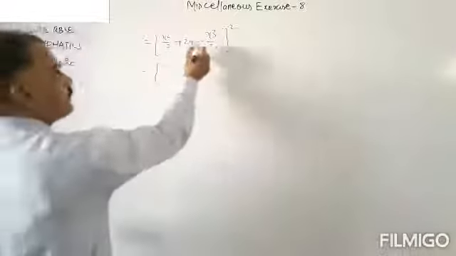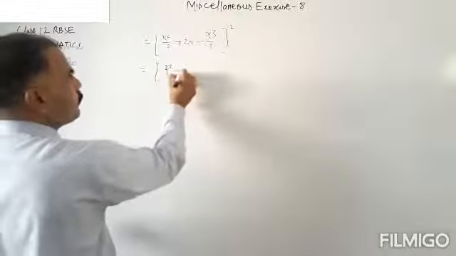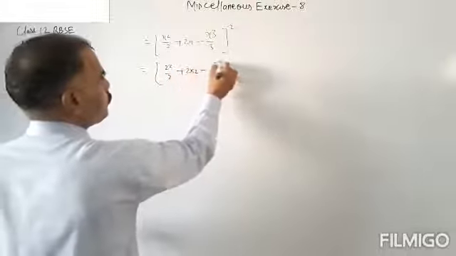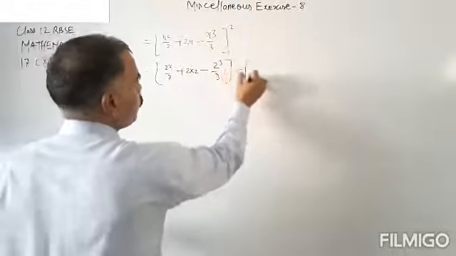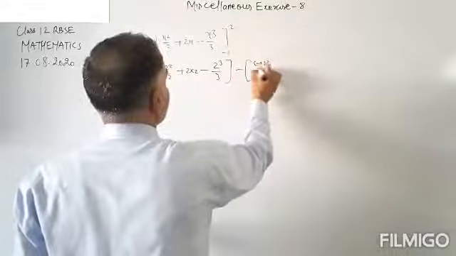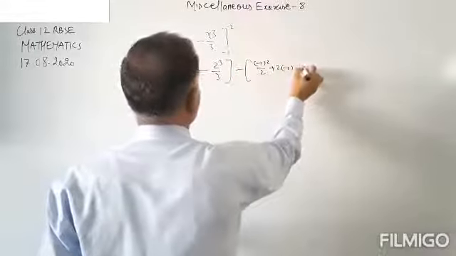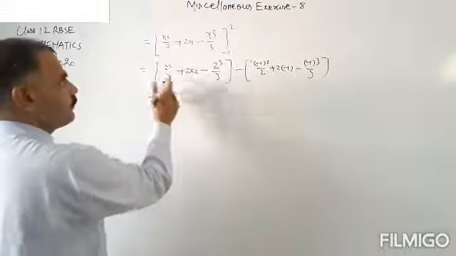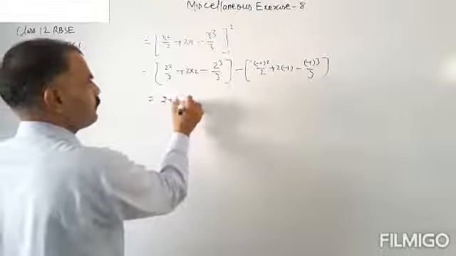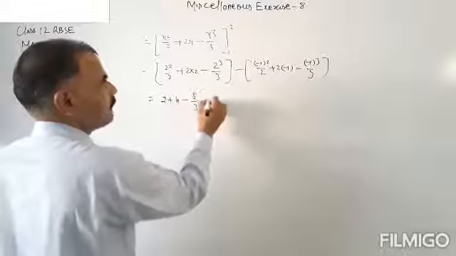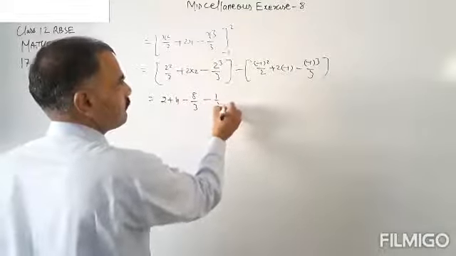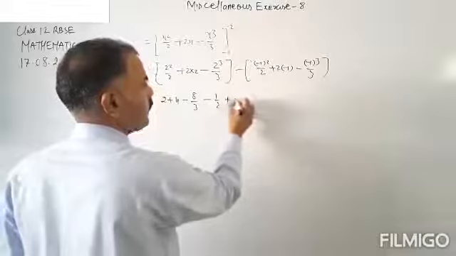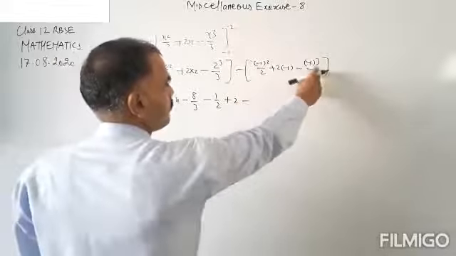Solving this, taking the upper limit: 2 square upon 2 plus 2 into 2 minus 2 cube upon 3, minus the lower limit: minus 1 square upon 2 plus 2 into minus 1 minus minus 1 cube upon 3. Solving this, 4 upon 2 plus 4 minus 8 upon 3, minus 1 by 2 minus 2 plus 1 by 3.